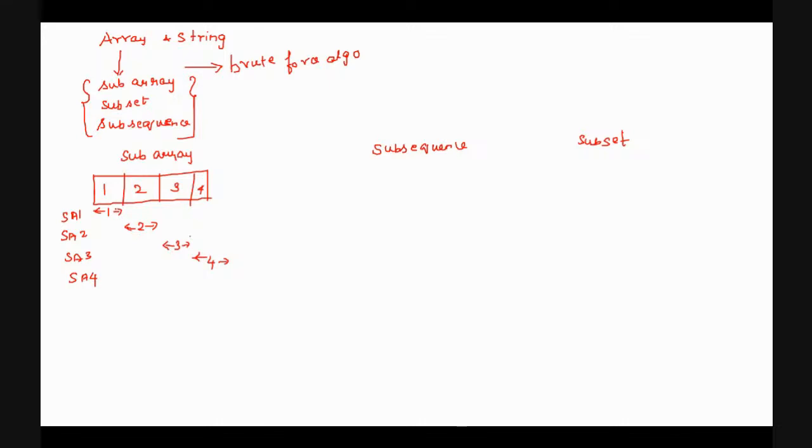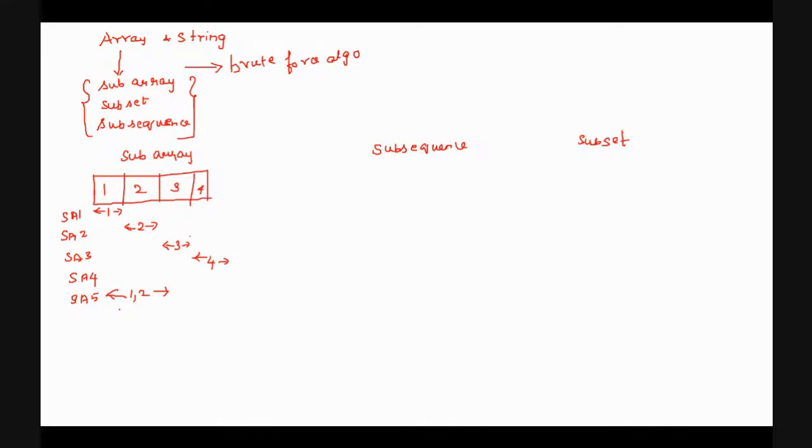Since each of these contains only one element, you need not worry about the contiguous ordering of the elements. Next, I'm going to form subarray 5, which comprises 1, 2. This has to be maintained in the same order and it has to be contiguous.